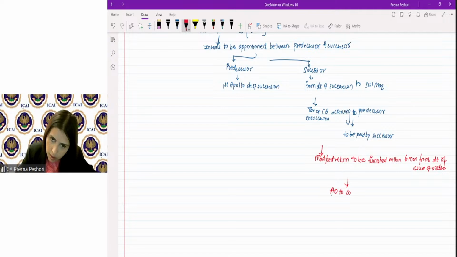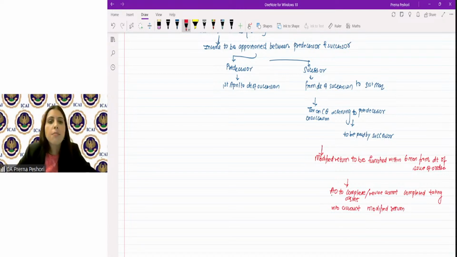AO to complete or revise the assessment completed, taking into account modified return. Yes, students, clear?